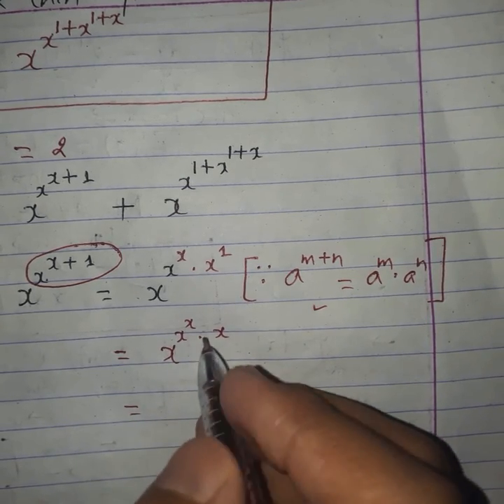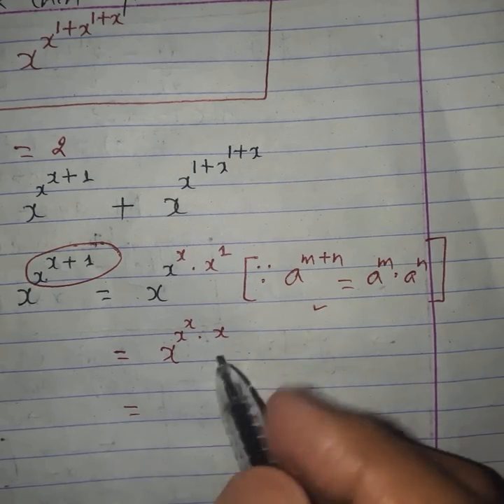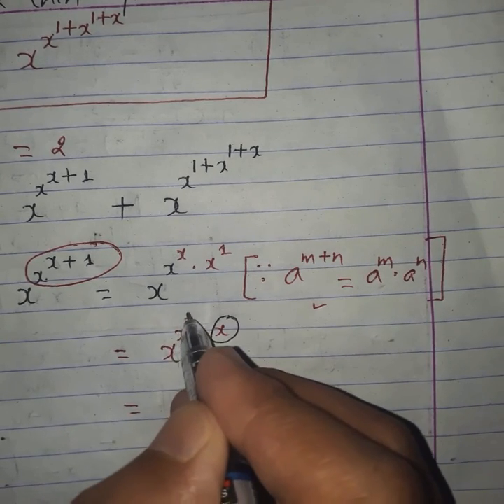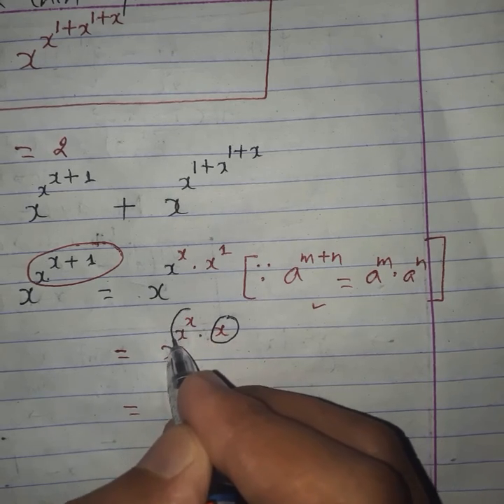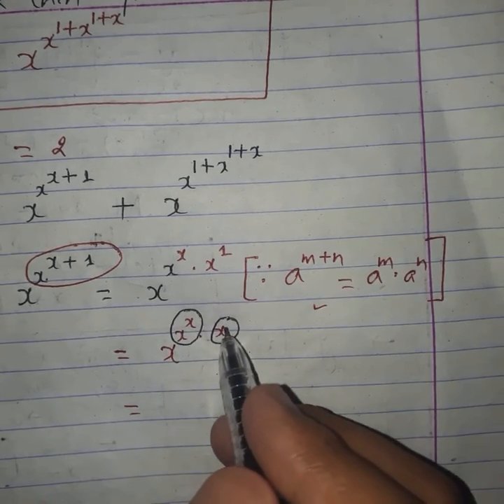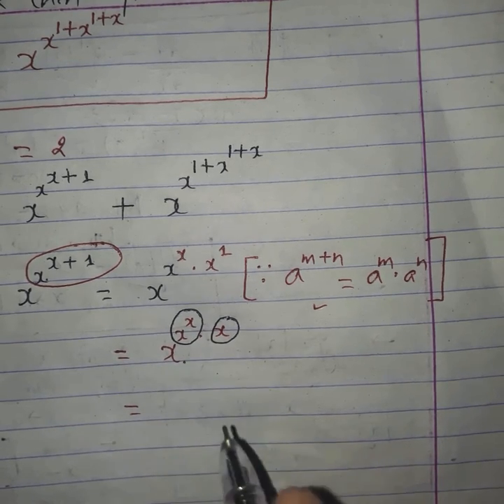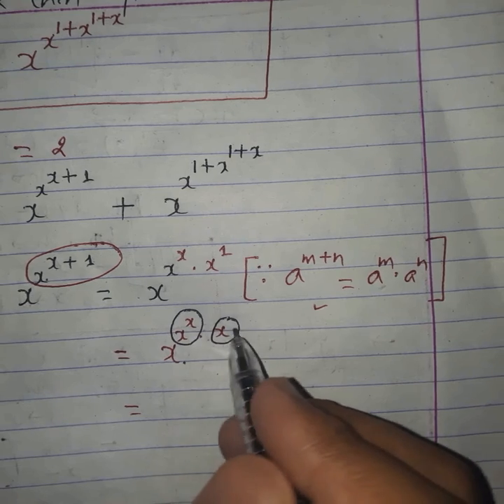This can be further simplified. Here are the two powers: one power is this, and the next power is this. These enclosed are the two powers for this base x, so the powers are multiplied.